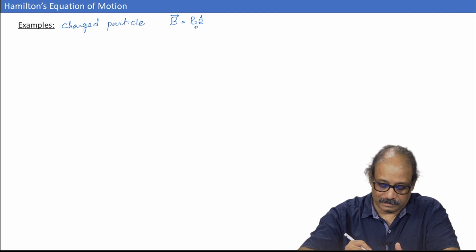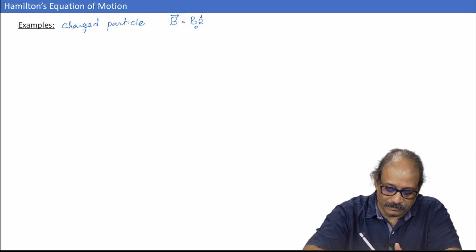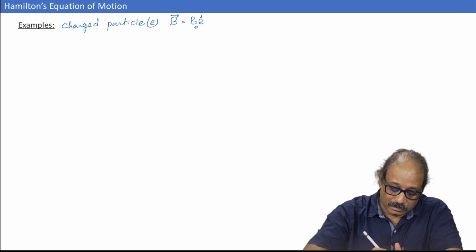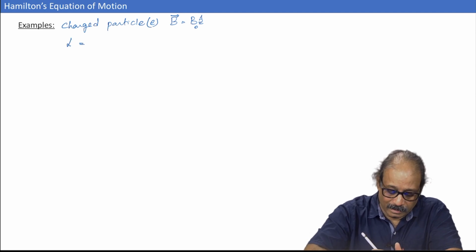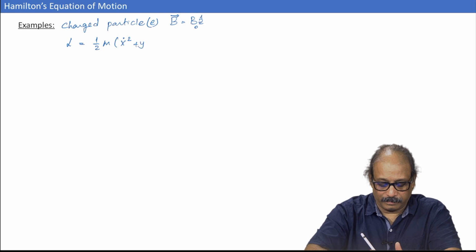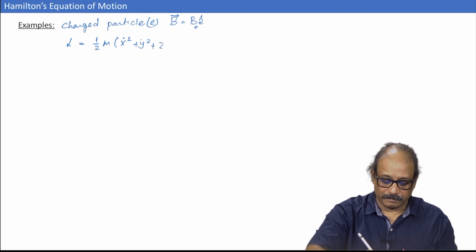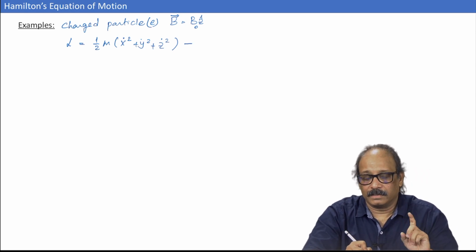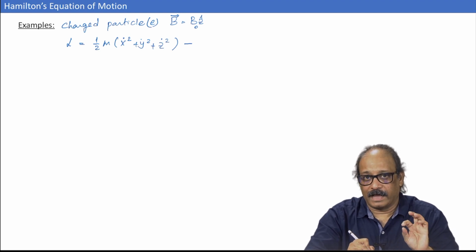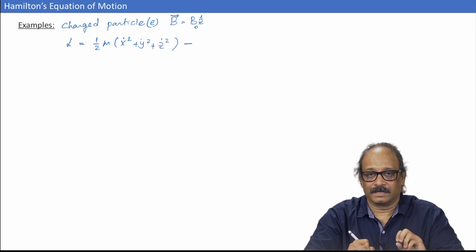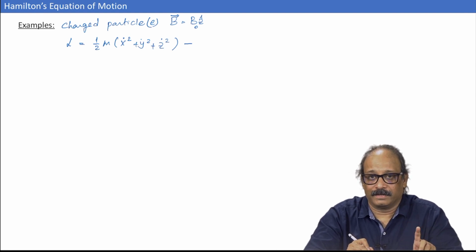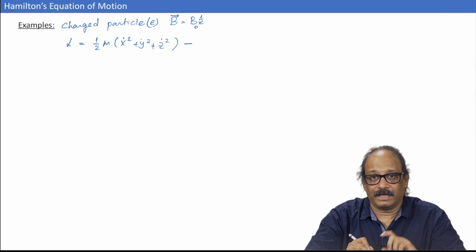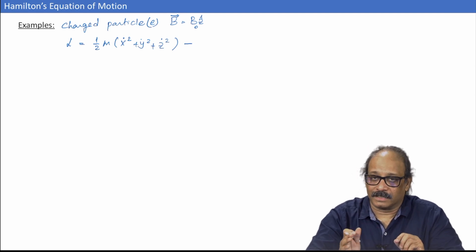The Lagrangian for this, the charged particle of course has a charge of e, is given by half m times x dot square plus y dot square plus z dot square minus, if you remember, the Lagrangian for a charged particle in electromagnetic fields, we had this q phi minus q v dot A, where A was the vector potential corresponding to the electromagnetic field.